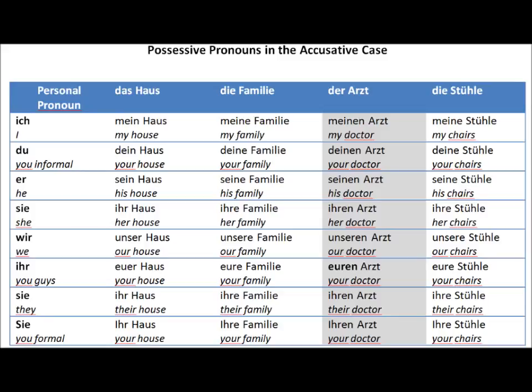So we have ich, du, er, sie, es, wir, ihr, sie, and Sie. And we have the different possessive pronouns, mein, meine, meinen, and meine, or dein, deine, deinen, deine, sein, seine, seinen, seine, etc. Okay?